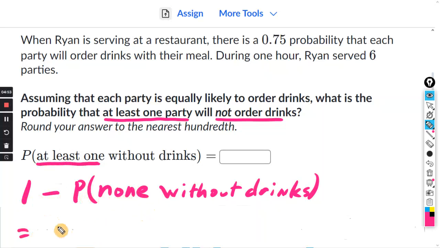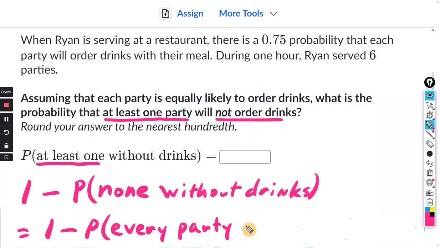Now, I do not like this wording here, so I am going to change it. I'm going to rewrite 1 minus, and what does it mean if there are none without drinks? Well, if no one is without a drink, that means everyone has a drink. So I am going to write the probability that every party has a drink. Every party orders drinks.